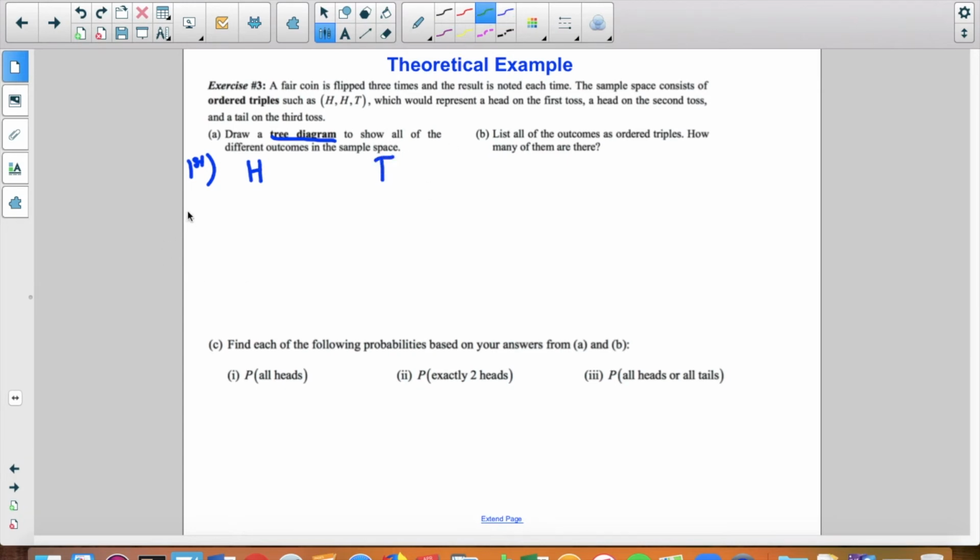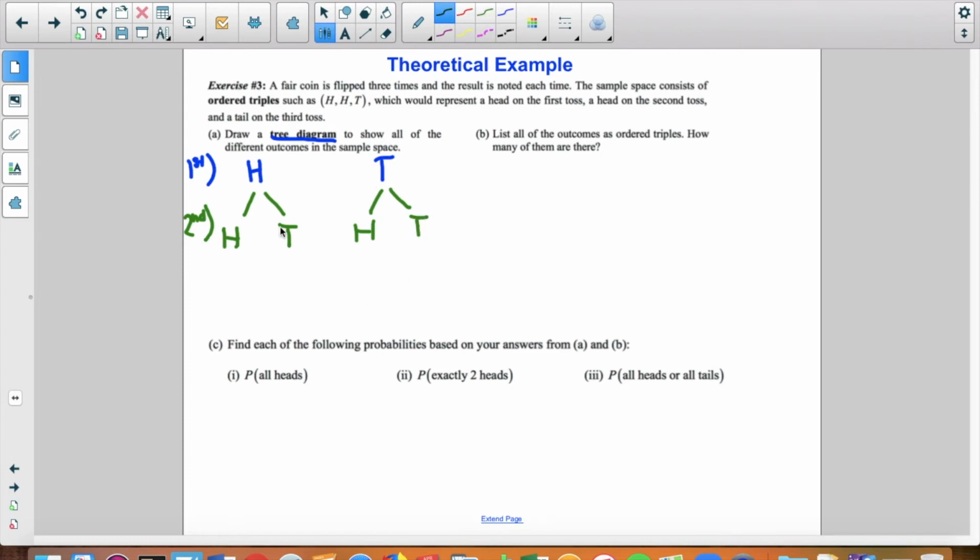Okay? Now, the second toss, for the second toss, you have 2 options. You can either get a heads or a tails. Same applies with this. You can either get a heads or a tails.